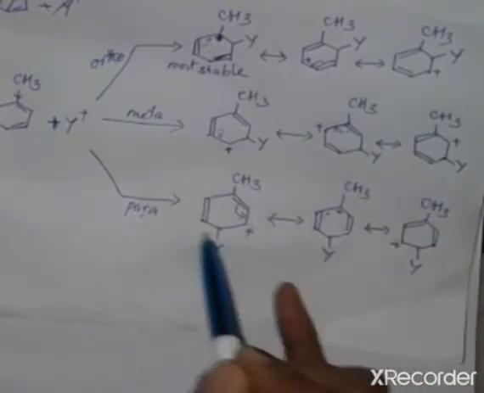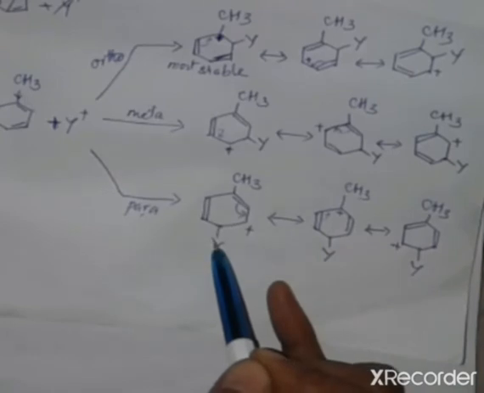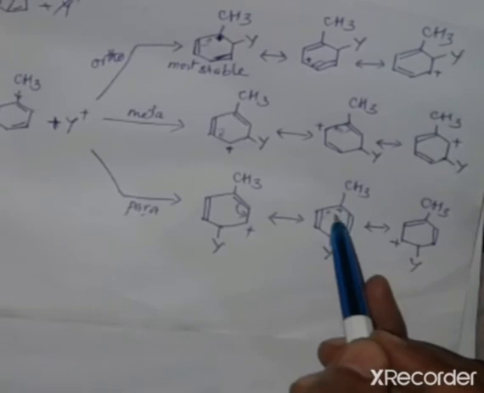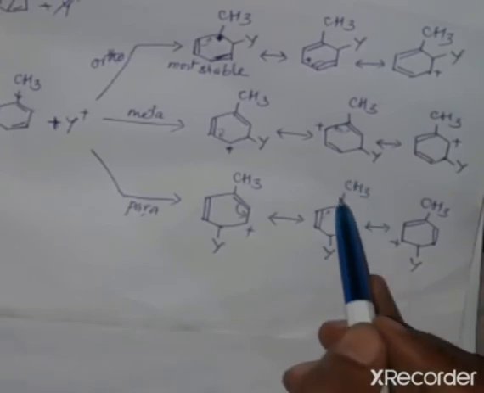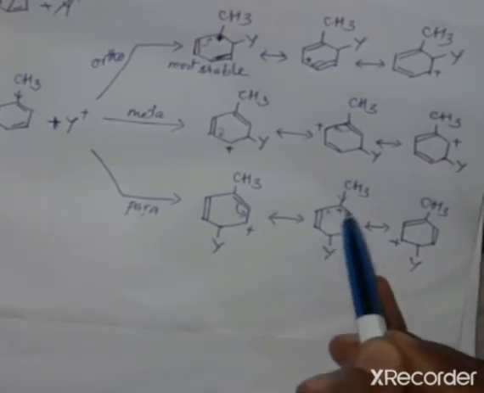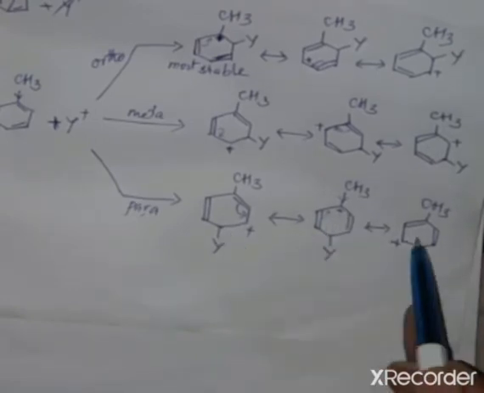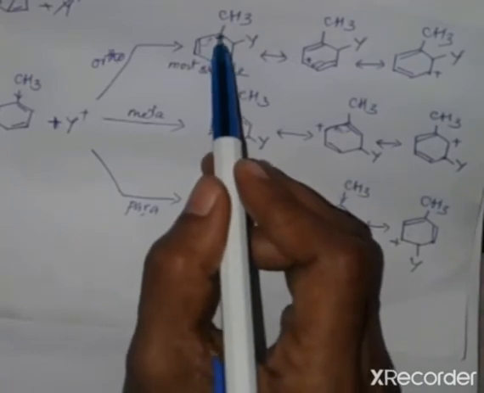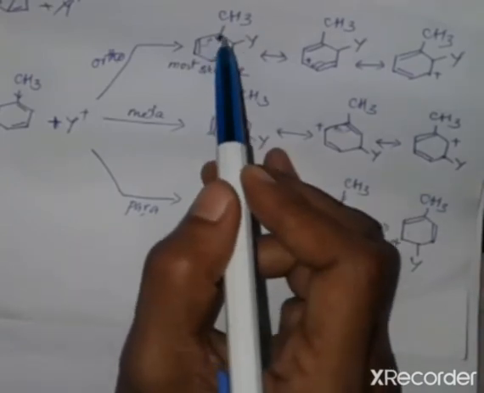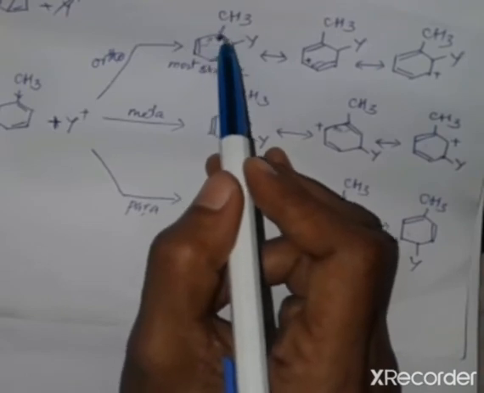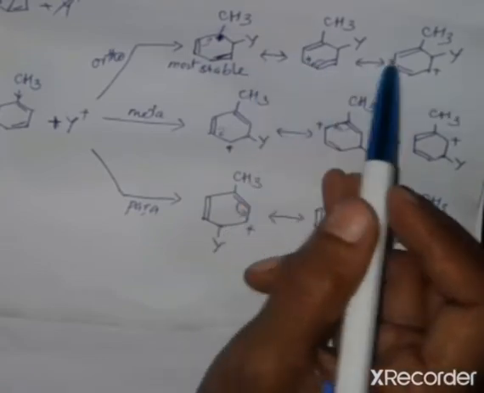And when we consider these three, in which Y is bonded to the para position, there is a positive charge at the carbon bearing the CH3 group. That is, the CH3 releases electrons directly to the positive charge, so there is a decrease in the positive charge density of the carbocation. And here also the CH3 is bonded to the carbon bearing the positive charge, so it directly releases electrons to the positive charge and decreases the positive charge density of the carbocation.